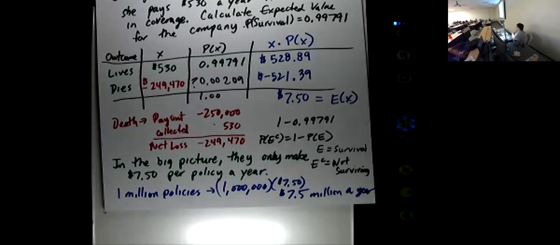So the small expected value is never a lot. It's what happens in the big picture over many, many operations. They don't make a lot per policy, but they have a metric ton of them.